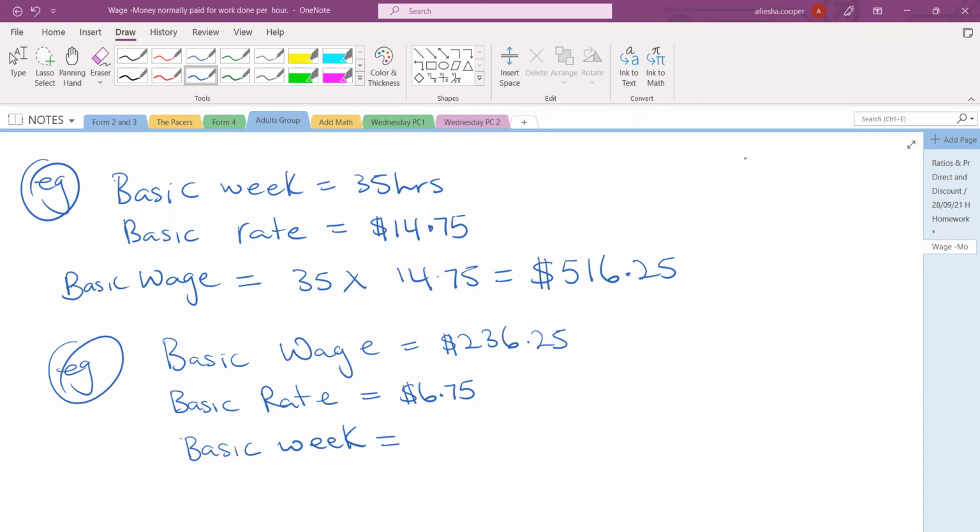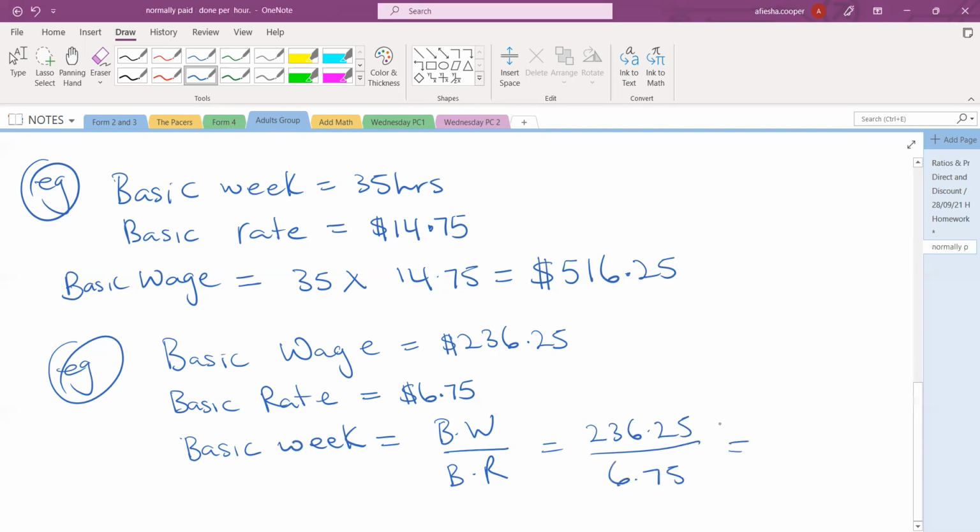So to find the basic week, we say the basic wage divided by the basic rate, which is 236.25 divided by 6.75, which is 35 hours.